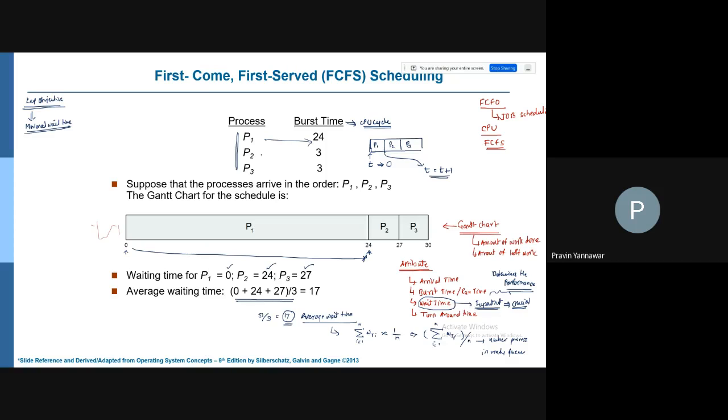P1 has 24 burst time, P2 has 3, P3 has 3. Here we are not mentioning any arrival time or start time. They arrive in the queue as P1, P2, P3.